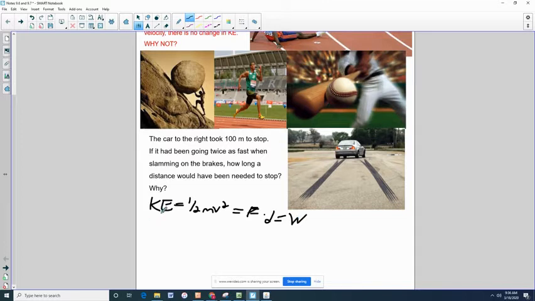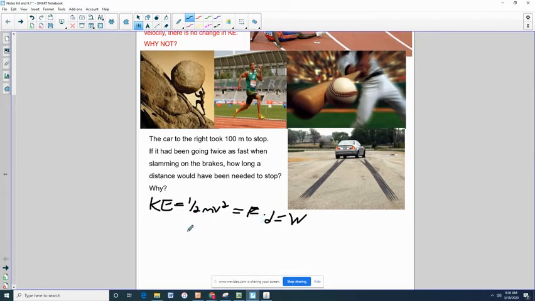So it's just saying changing kinetic energy here is equal to work over here. And then we have our formula, 1/2 mv squared equals force times distance.